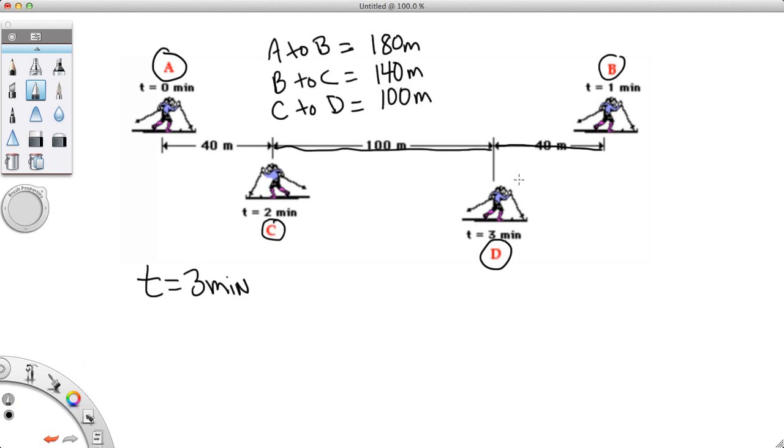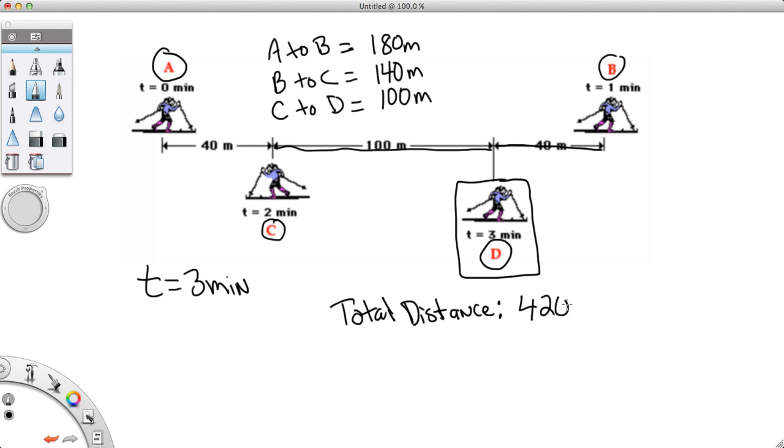And the cross-country skier finishes right here at position D. Now if you add all these up to get the total distance, you're going to get 180 plus 140 plus 100 equals 420 meters. Now, how about the displacement?